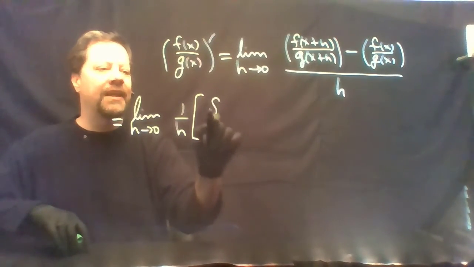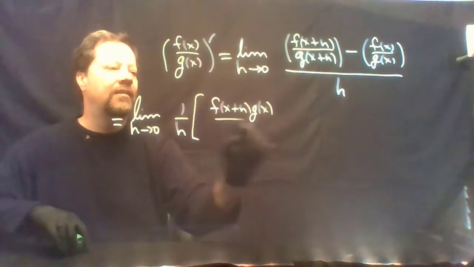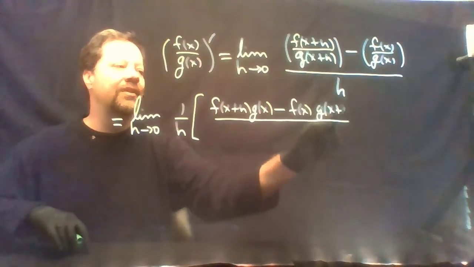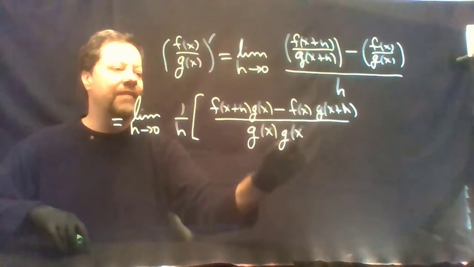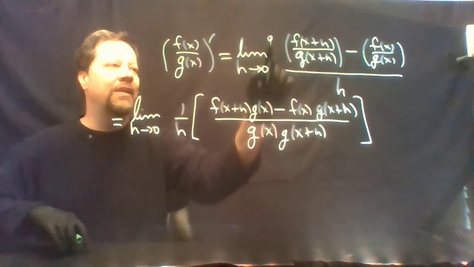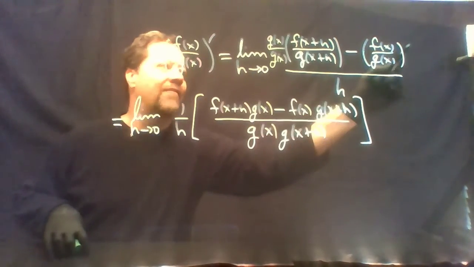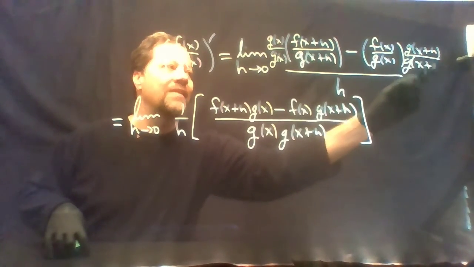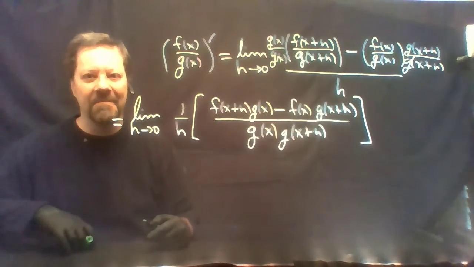The rest of it is going to be f of x plus h times g of x minus f of x times g of x plus h, all over g of x times g of x plus h. Yes, you'd have to multiply the first fraction by g of x over g of x, and the second fraction by g of x plus h over g of x plus h. And that yields this fraction right here.